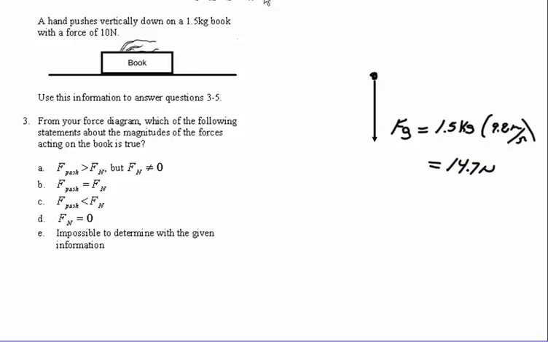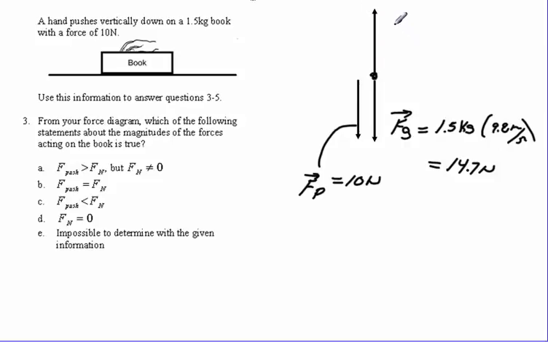Okay, we also have another force of 10 newtons pushing down, so we draw it coming down too. And that's a pushing force. That's equal to 10 newtons here. And then I'm going to have my normal force going back up like this.